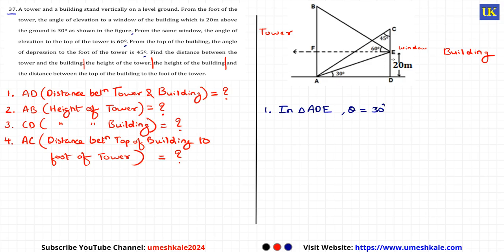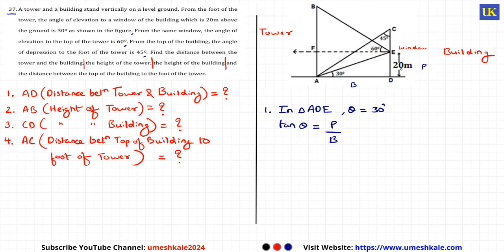So one side is given, ED is given. So the other side we can find out because we have theta. So AD we have to find because that is our first question. And for that, which ratio we will take? We will take tan theta, because in tan theta, the formula is perpendicular divided by base. This is theta. So the side opposite to theta is perpendicular and the side adjacent to theta is base.